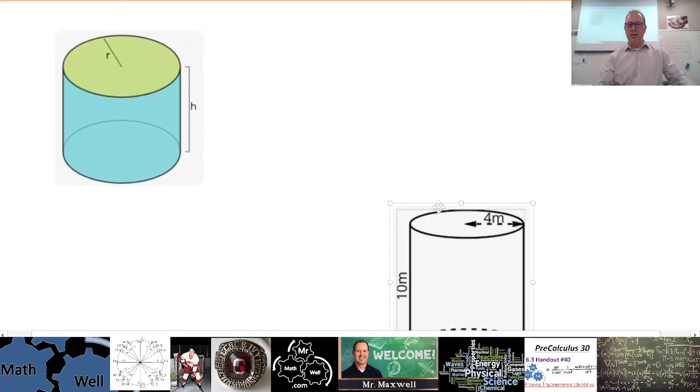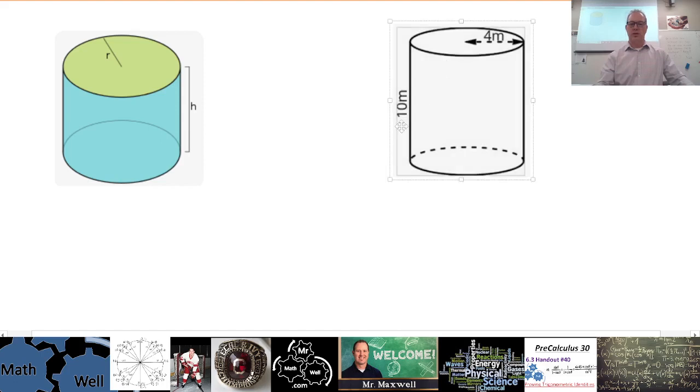If you're drawing a net diagram, which I'm going to get you to do for your problems here, you want to focus on the top and the bottom, and then the wraparound part. The top and the bottom are pretty easy.